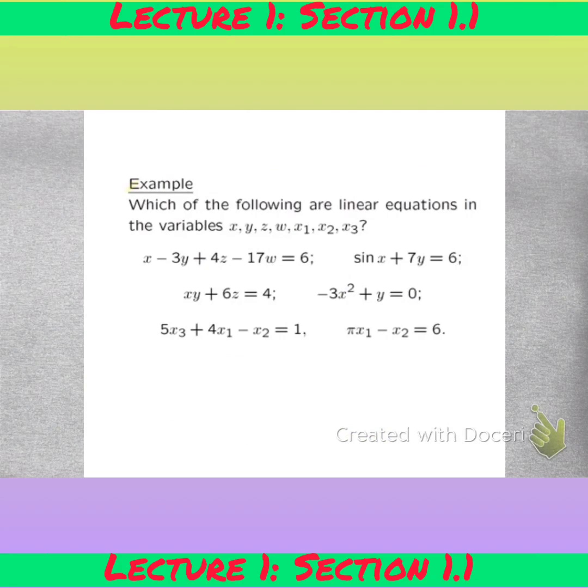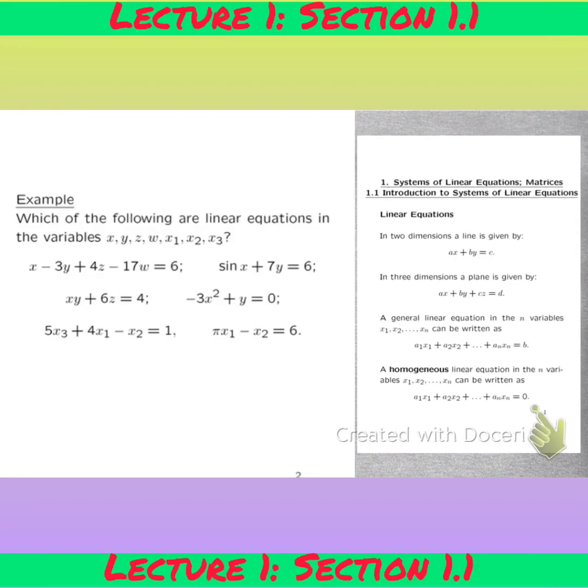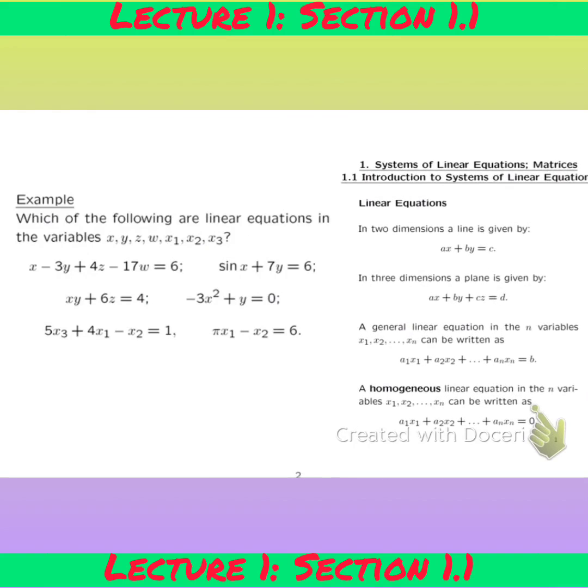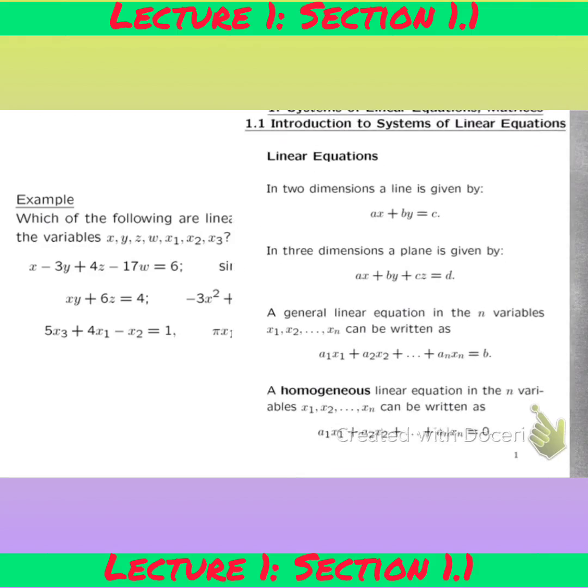Right, so in this example, they ask us to basically apply the definition of a linear equation. So we need to establish which of those equations are linear and which are not. So we just need to look at the form that an equation has to be in for it to be called linear. Okay, so let's look at the first equation.